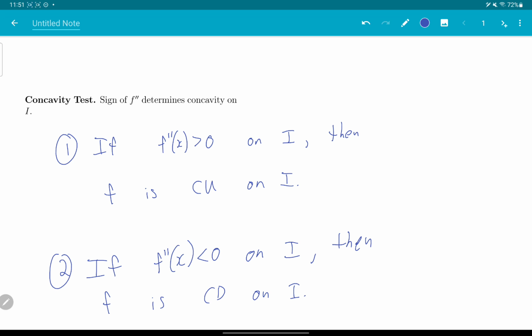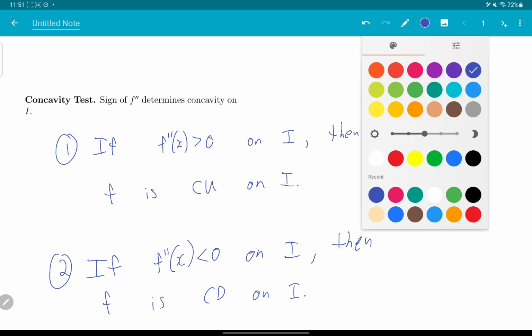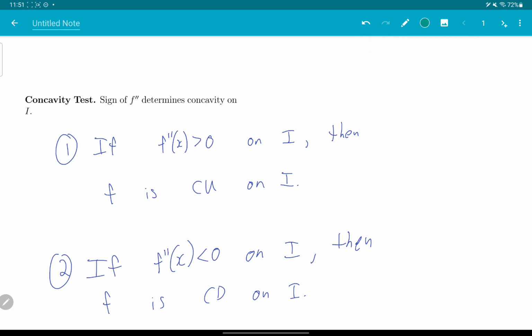Why does this make sense? Well, let's look at this here. If f double prime is positive, why does that correspond to concave up? Well, imagine you have something concave up, and you move from left to right.